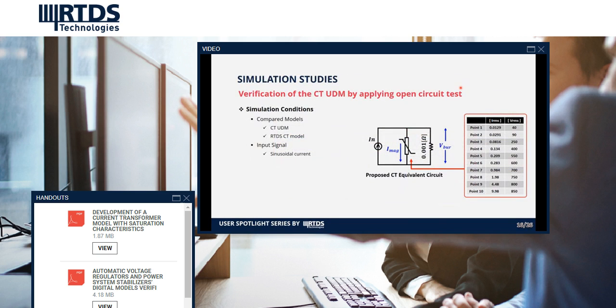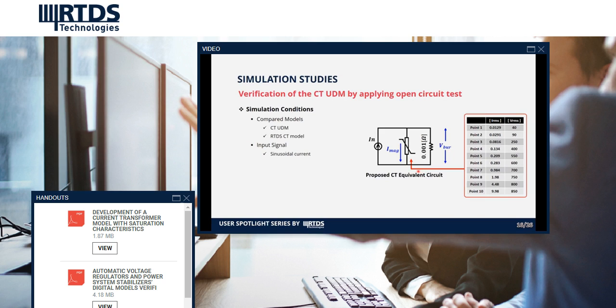Next part is simulation studies. CT-UDM and the RTDS CT model are compared together in performance verification. 10 points of VRMS and IRMS data are used as the reference data in model verification, and they are also used as input for those two models.